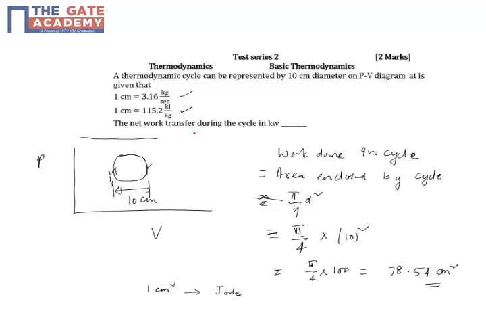Okay, and basically they have given it, instead of giving in volume and pressure, they have given in mass flow rate and work done per mass flow rate. That's okay, because 1 centimeter should represent joule.